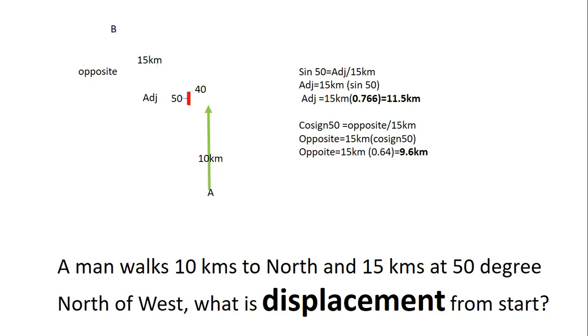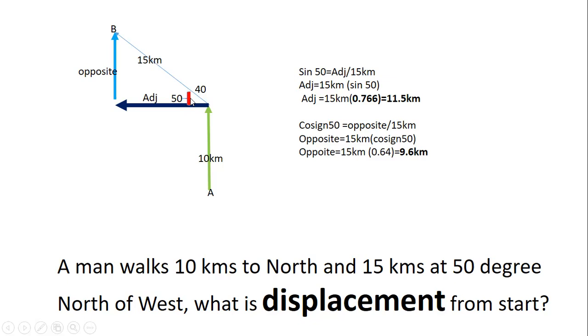First, we need to break down the X and Y components of the final displacement. As you know, a vector at an angle has X and Y components. Like now, these 15 kilometers have an X component and a Y component, right?